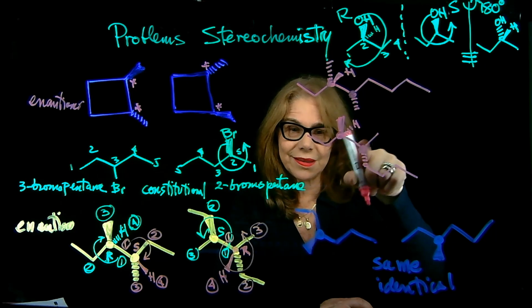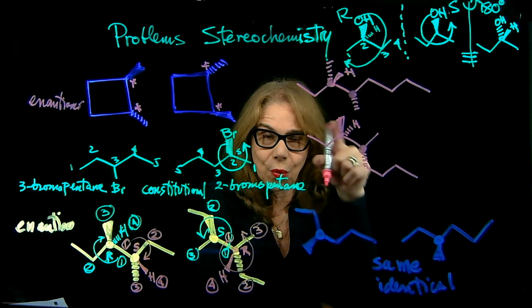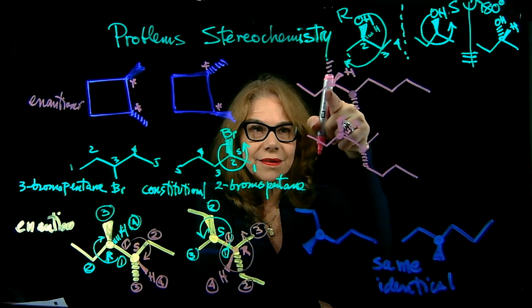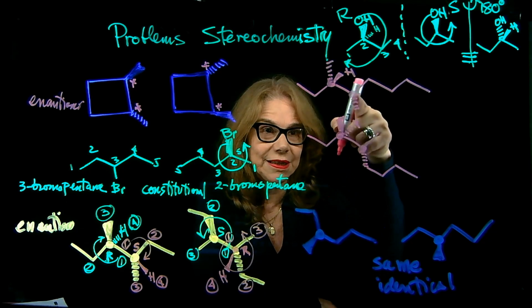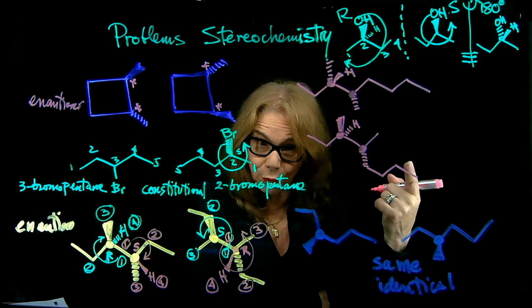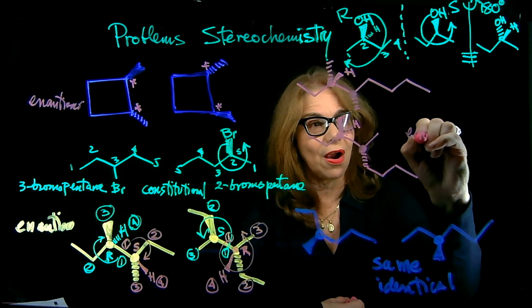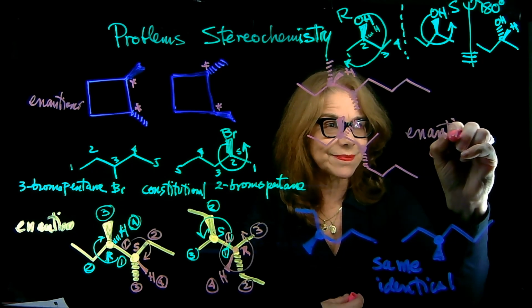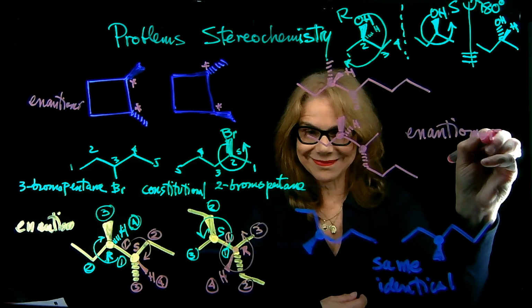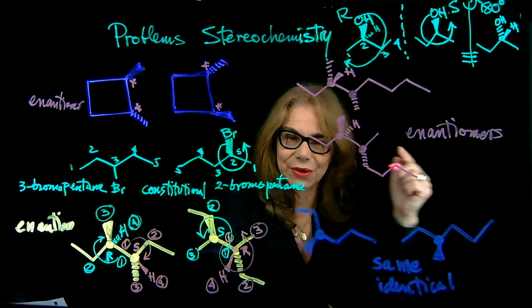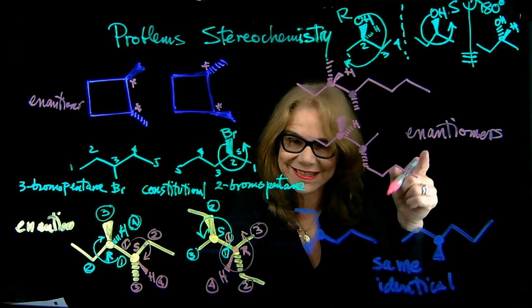So both carbons have undergone one switch. So this configuration is inverted. This configuration is inverted. Therefore, because the two chiral centers are inverted, these two molecules are enantiomers. All right? Okay, we're going to do one more of these in another video.